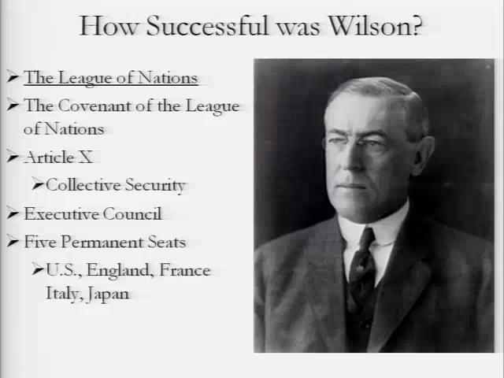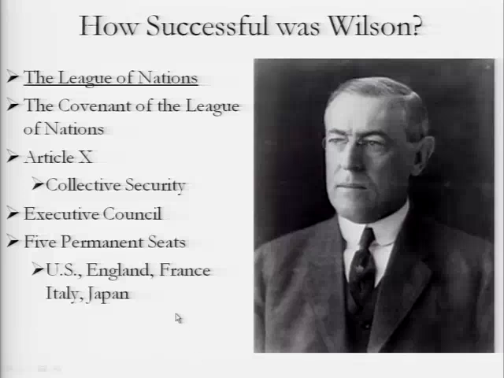All of these 5 permanent seats also get to do something the other 4 don't. They have a veto vote. So they can veto any decision coming out of the Executive Council if they choose to, just like the United Nations today. So 5 permanent seats: U.S., England, France, Italy, and Japan.